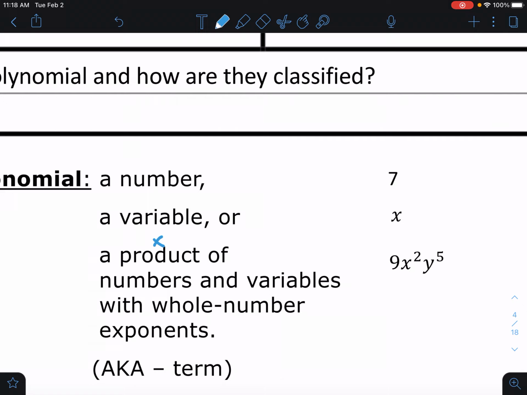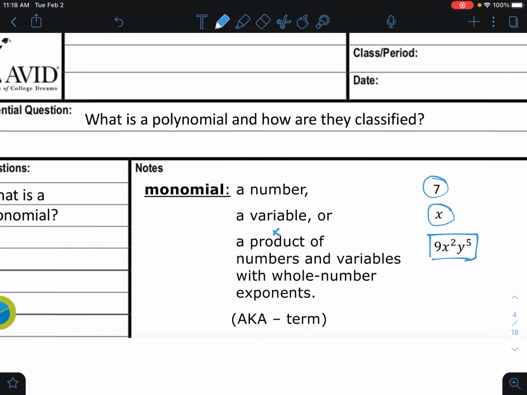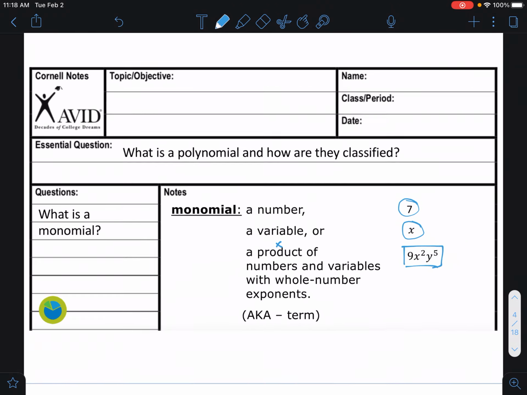So it might be like 9x to the 2nd power y to the 5th. These are all being multiplied together. They're all one term or one monomial all together. Anything that's all multiplied together, we call that one term or one monomial. So these are all monomials, or one thing, or one term, okay?